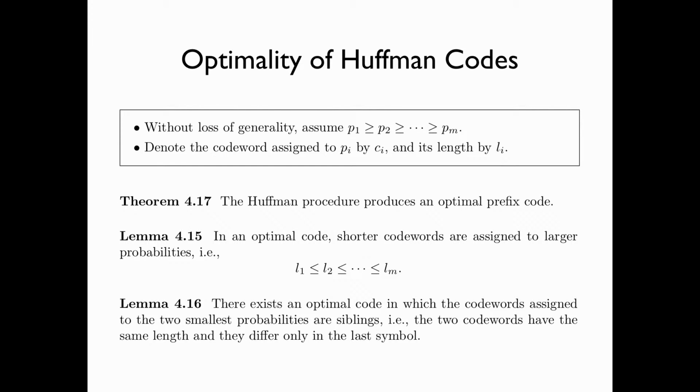That is, the 2 code words have the same length and they differ only in the last symbol. We first prove Lemma 4.15. That is, in an optimal code, shorter code words are assigned to larger probabilities.